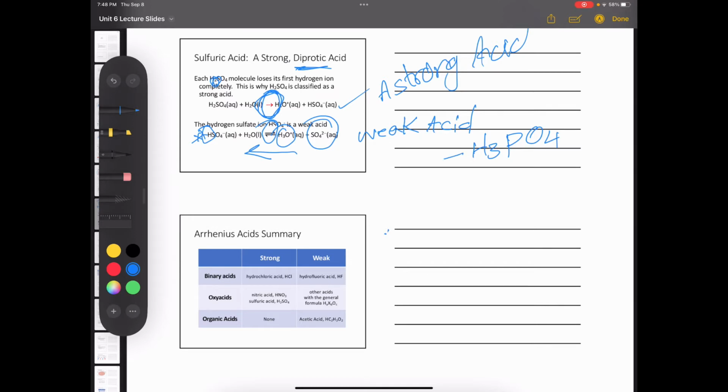This one is considered a polyprotic acid. Okay, and polyprotic should be one word, by the way. So when I say polyprotic acid, that means there are three protons that this acid molecule is willing to donate and let go.